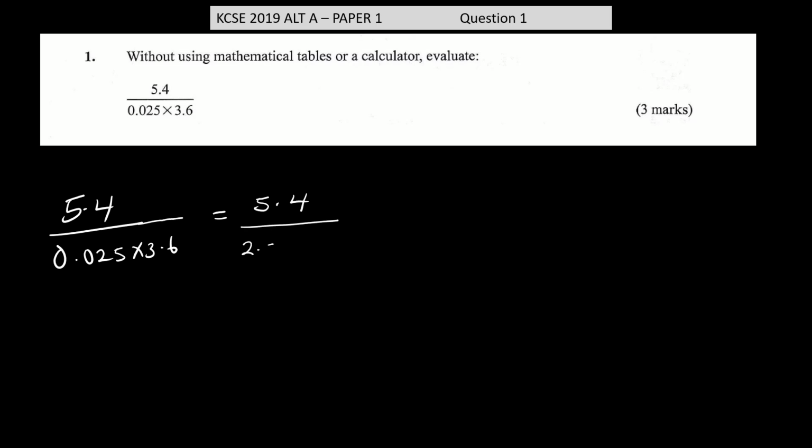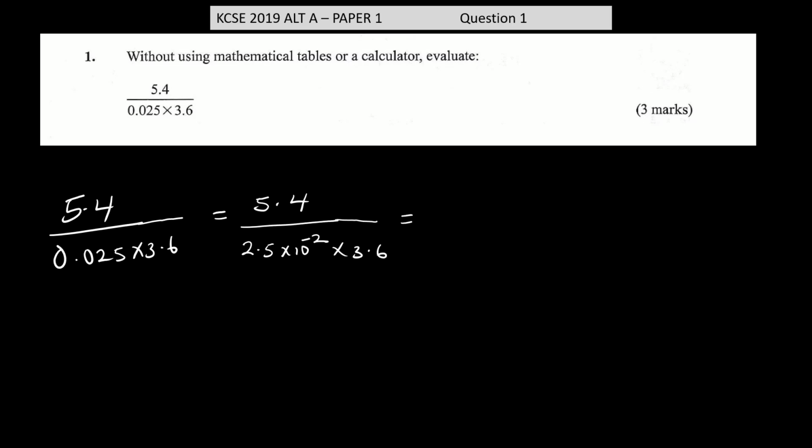5.4 over 0.025 times 3.6. What you are going to do here is to firstly convert 0.025 to standard form. This will now become 5.4 over 2.5 times 10 raised to the power minus 2 times 3.6.